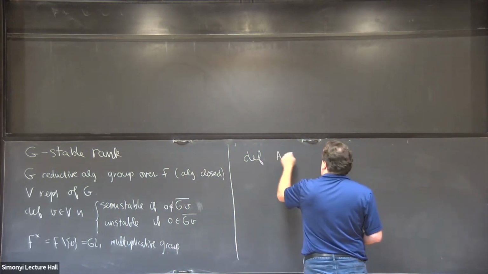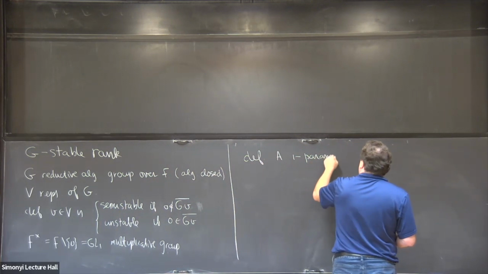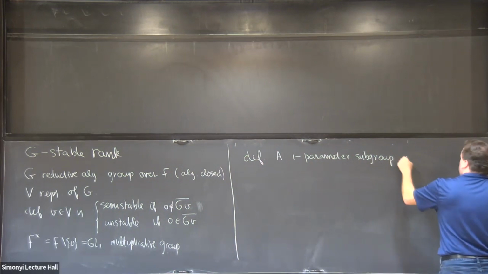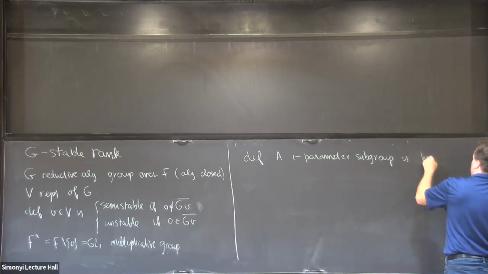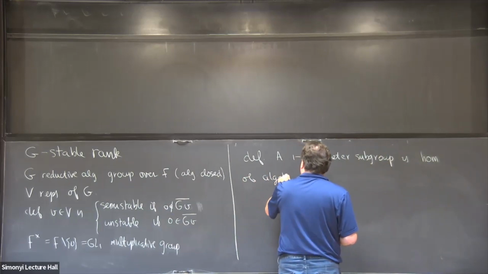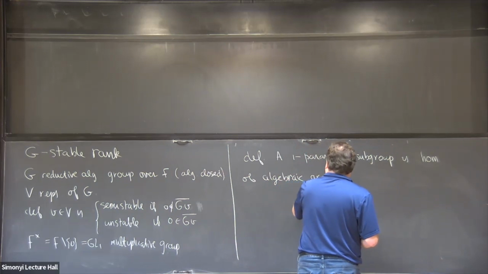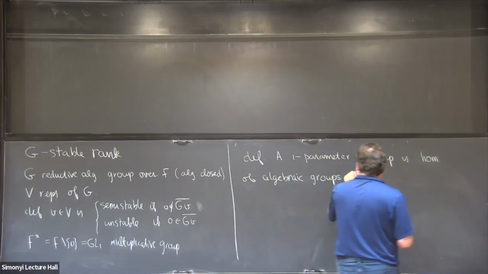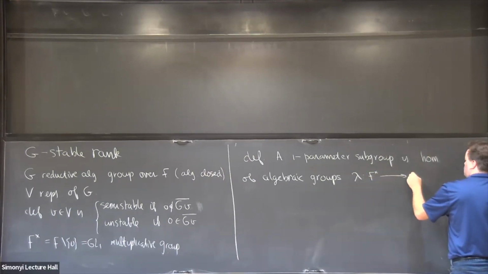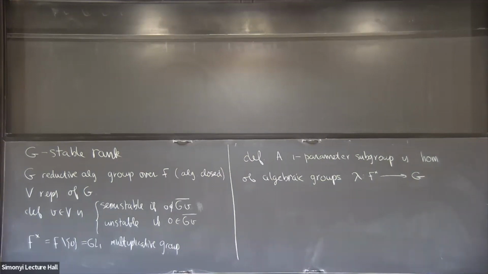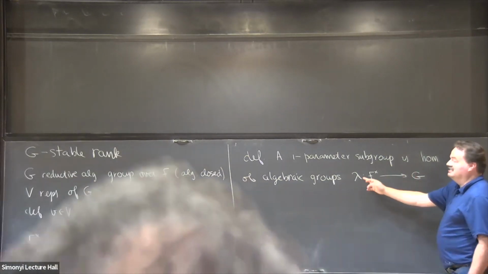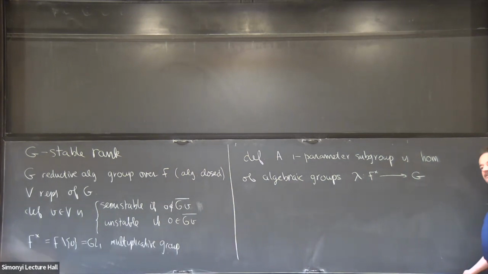So a one parameter subgroup is a homomorphism of algebraic groups, often called lambda, from here to G. Technically it may actually have a kernel, so it's not exactly a subgroup.